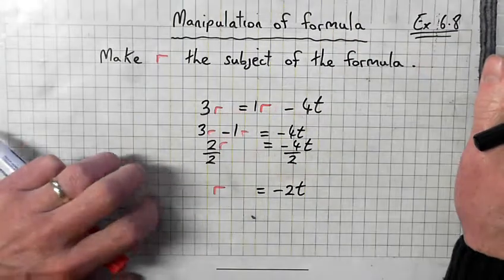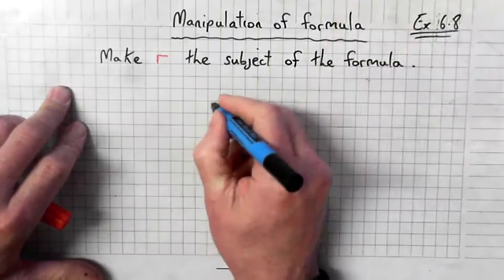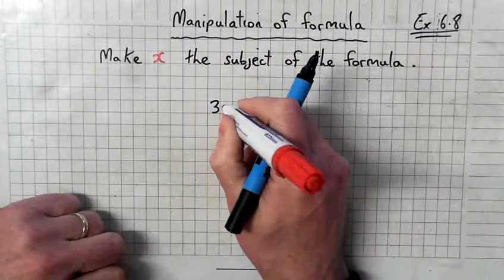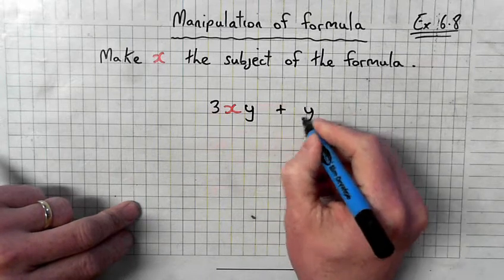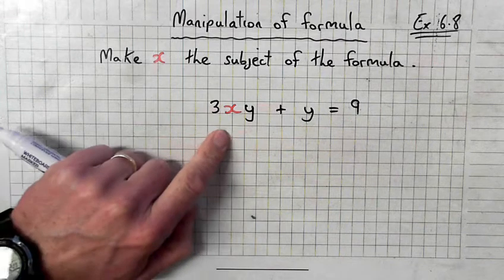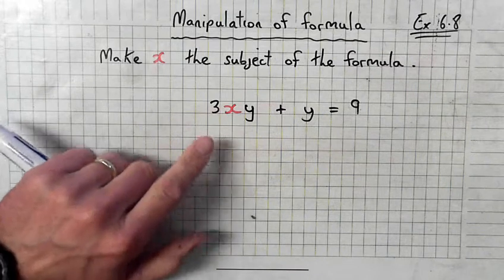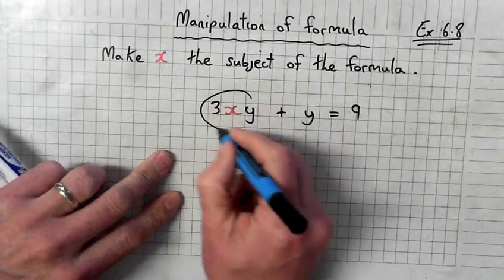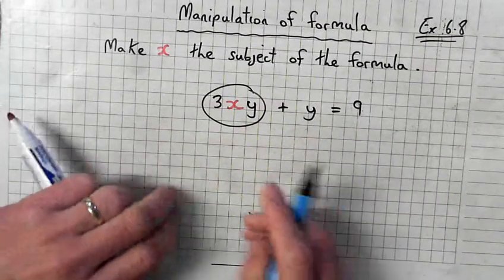Another one. In this case, make x the subject of the formula. 3xy plus y is equal to 9. Now this is slightly different, slightly harder. The object containing the x, we'll treat it as one full object for now, and we'll move everything else across.